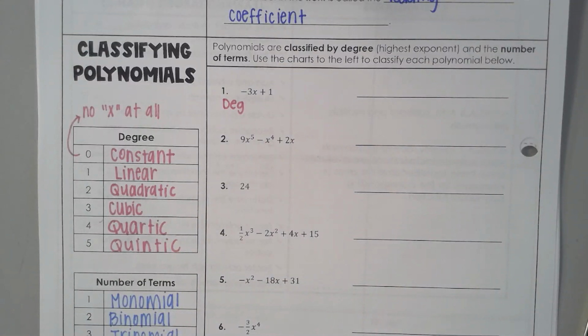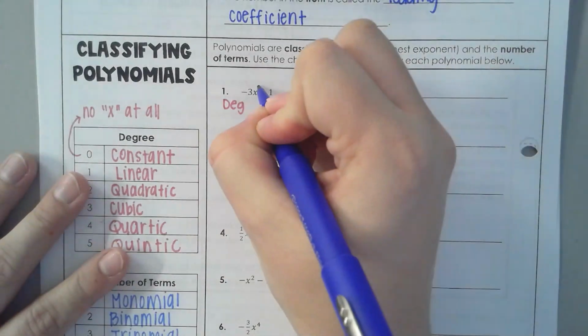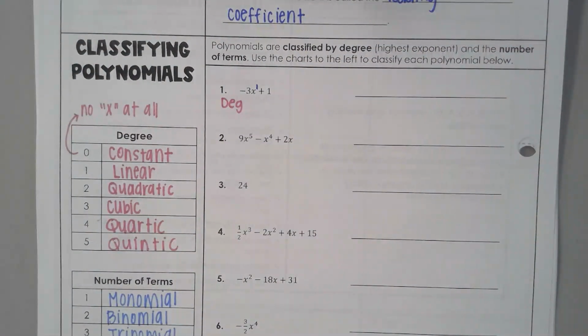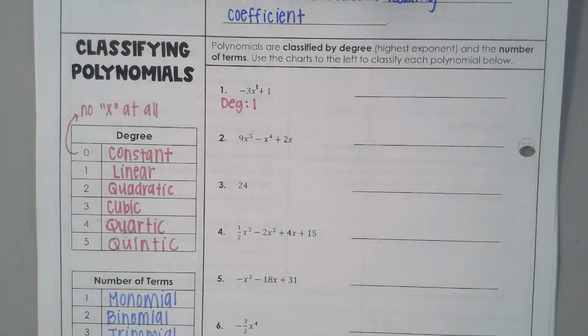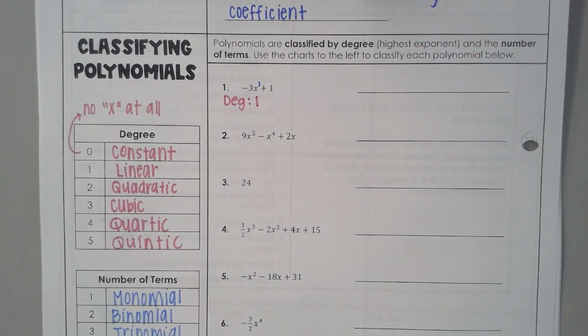No, but is there an x in there? Yeah, there's an x. If there's an x that does not have an exponent, what do we assume the exponent is? Technically, it's a 1. So now, what's my largest exponent? 1, my only exponent. So my degree is 1. So it'll be linear, yep.